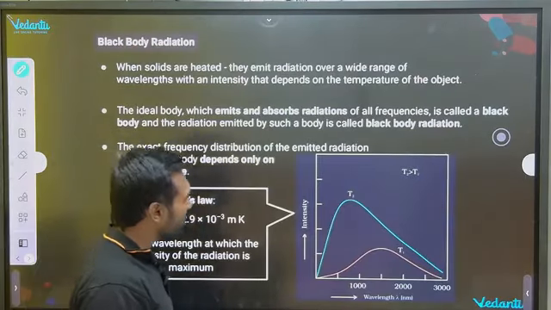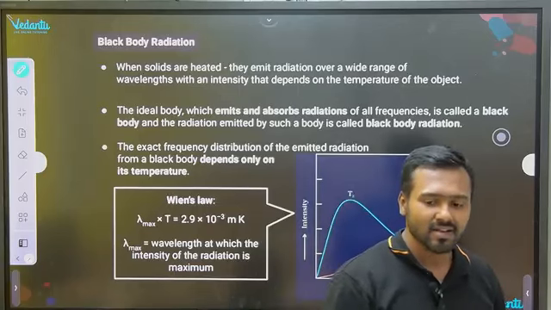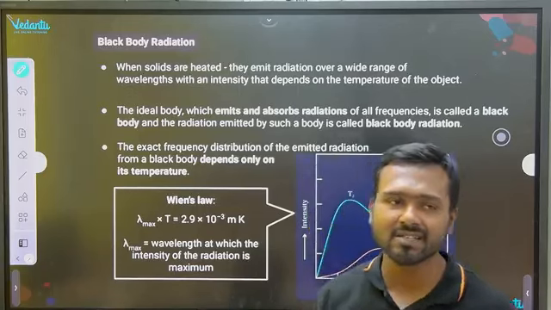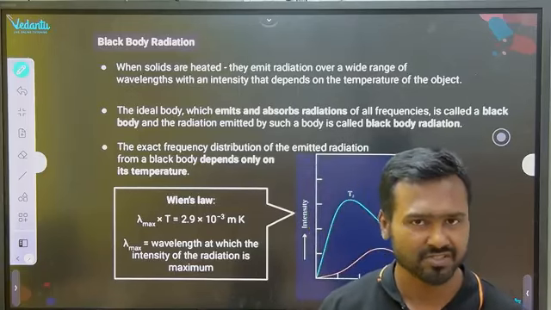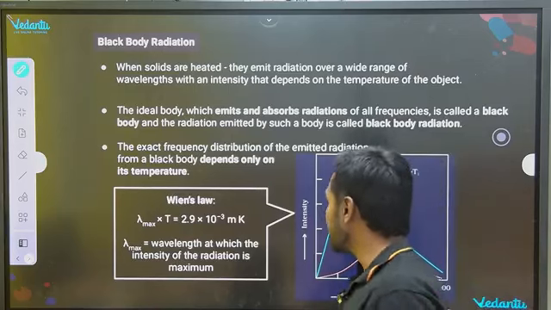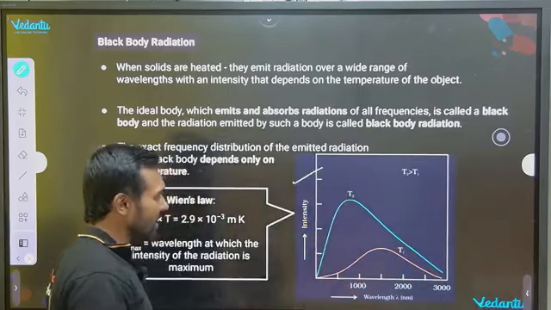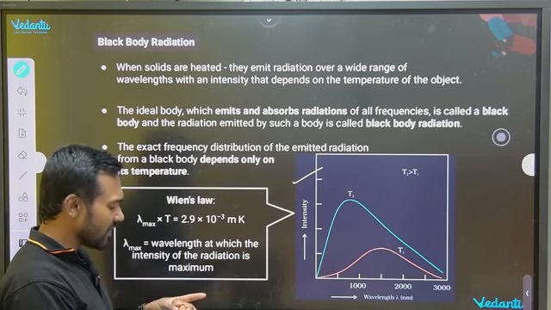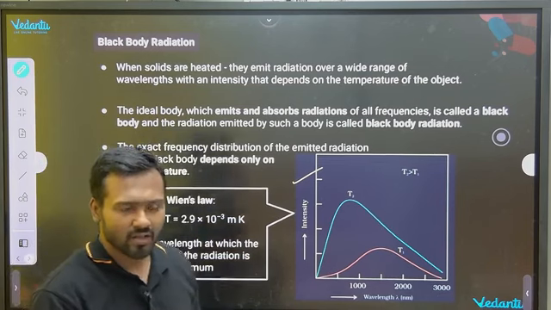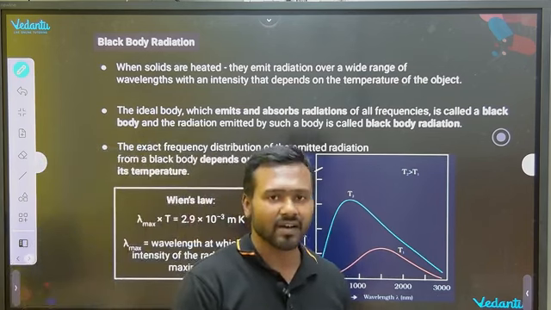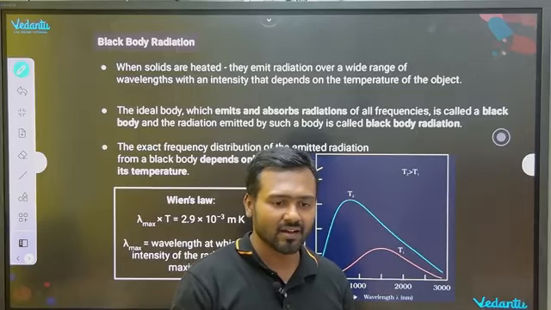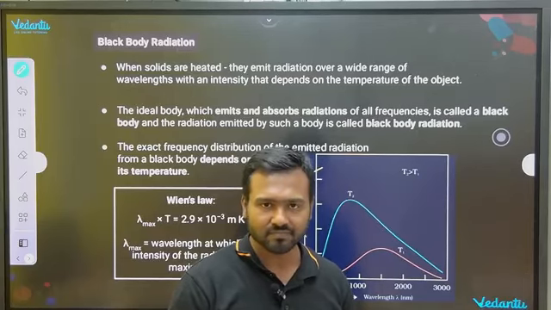So this is black body radiation. A black body is a body which can absorb all the radiations and emit all the radiations. In this, the intensity and wavelength curve is important. When you heat an iron rod, you get a dull red, next red color, next white color, and next blue color.